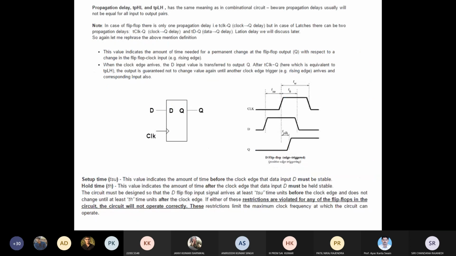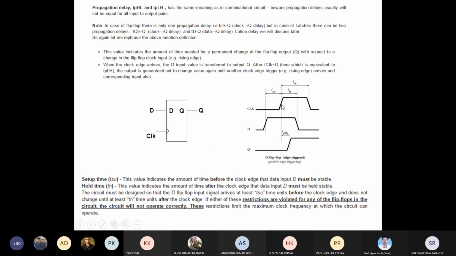Now, in the same context, he has tried to explain again the setup time and hold time of a flip-flop, which we already discussed. So I don't want to discuss it again here. You can see in CLK the pulse width is TW, you know this. Before the clock edge, the minimum time through which the data must be stable is TSU, that is T setup.